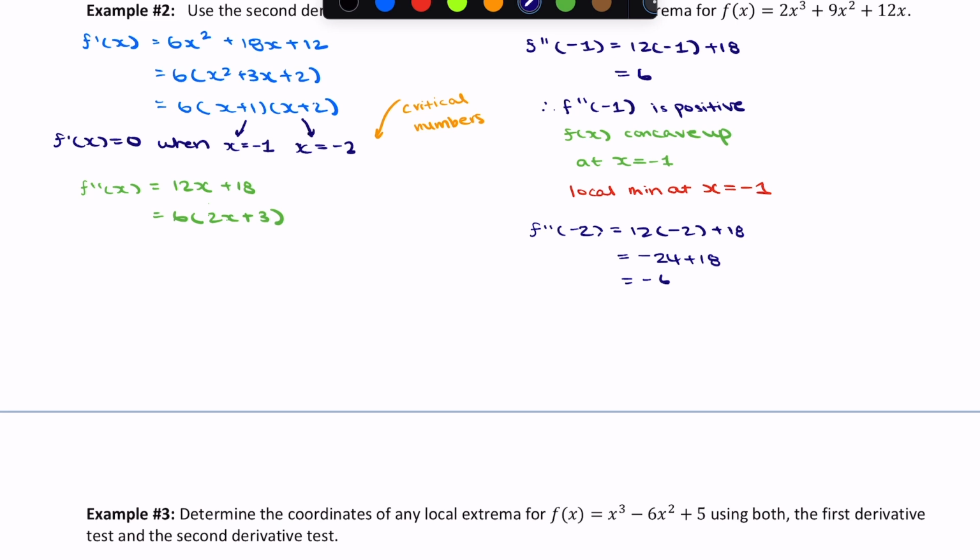So here we see that f double prime at -2 is negative, which means that f of x is concave down, and there will be a local max at x is equal to -2.